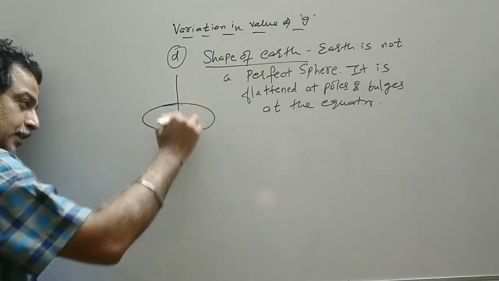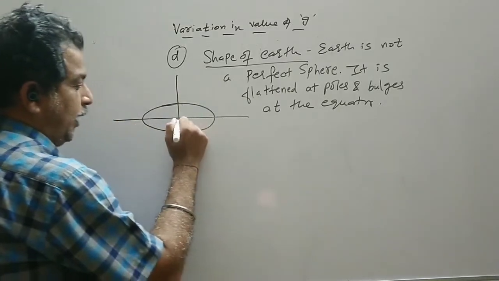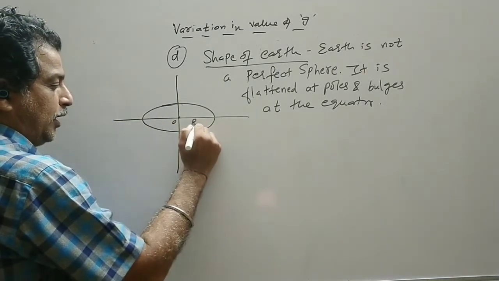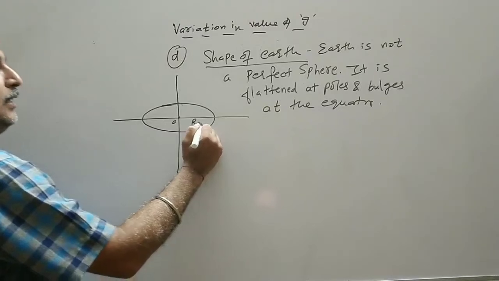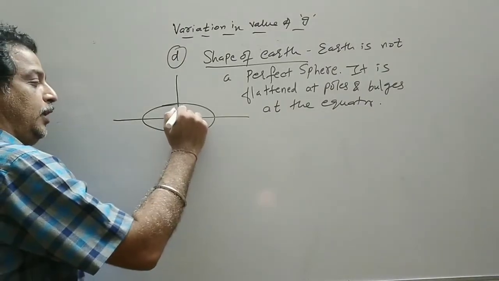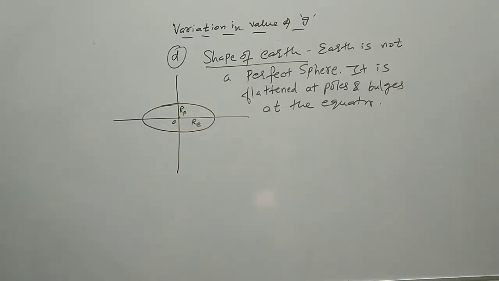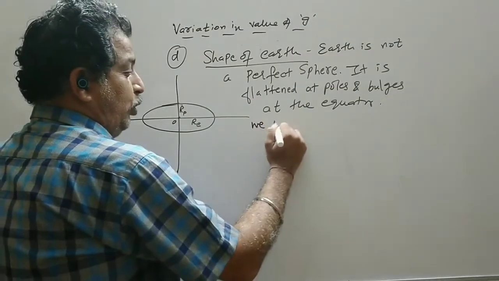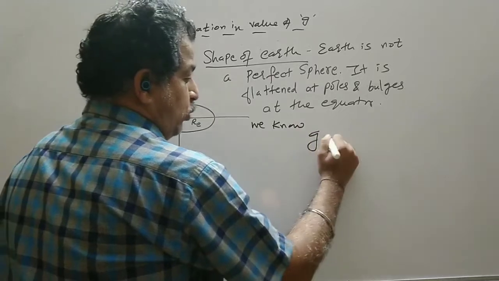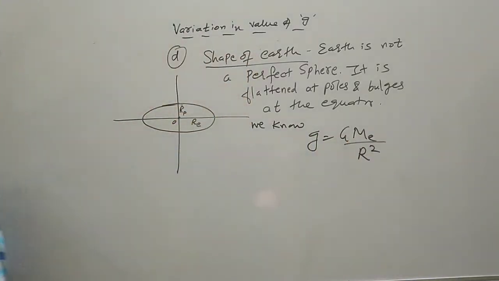Now in that case, this is the polar axis and this is the equatorial axis. Let the equatorial radius be denoted by RE, E for equatorial, and this as RP, the polar radius. It is clear from the diagram that the polar radius is smaller. Now we know g is equal to GM_e upon R square. That is the general formula.